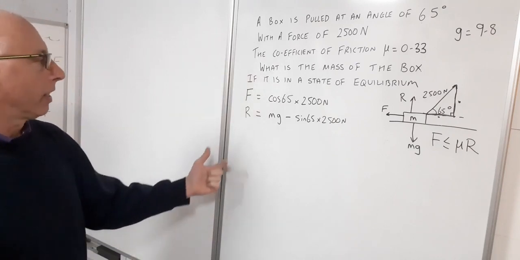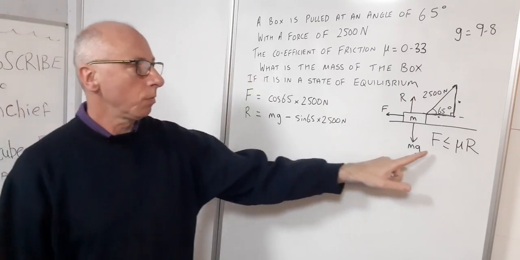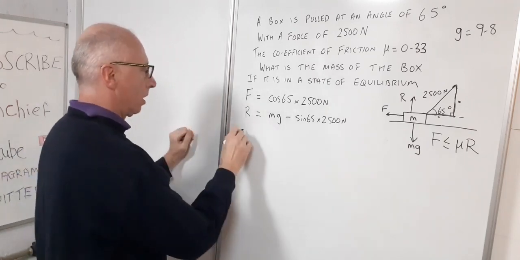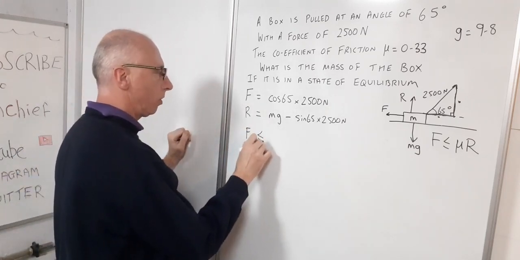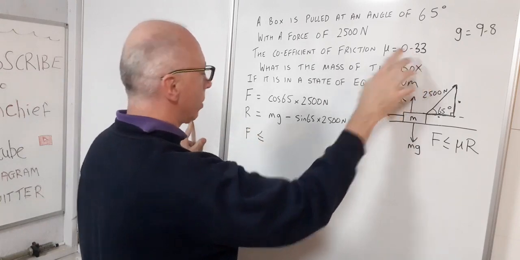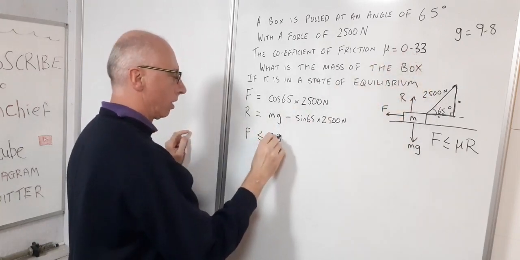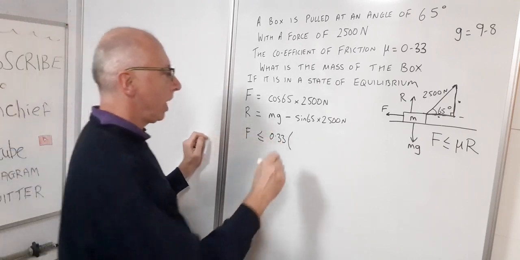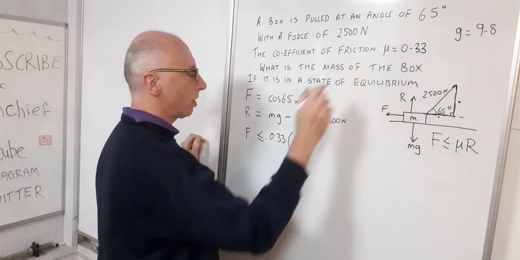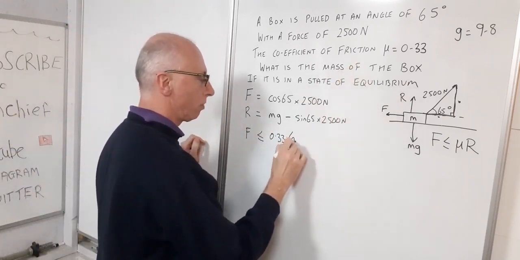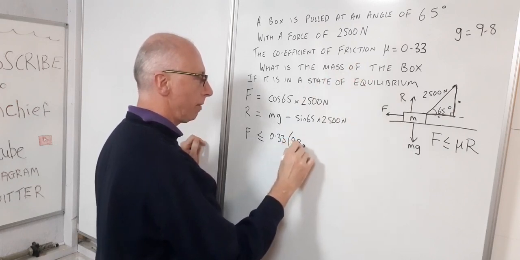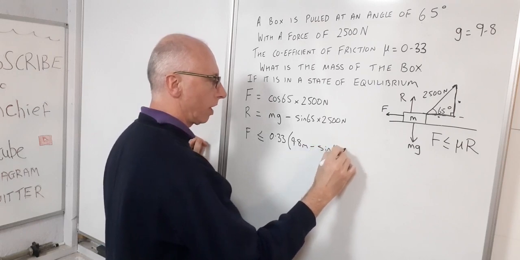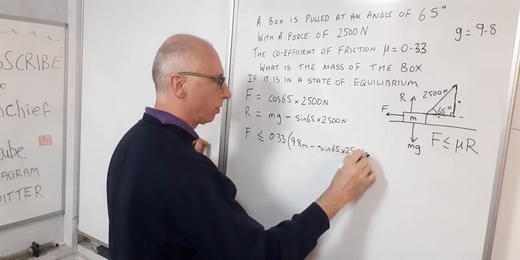Okay, right. Now let's have a look what we got here. We need F to be less than or equal to mu times R. So F will be less than or equal to, mu is 0.33, and then we'll multiply that by our force R, which is mg. Well, G is 9.8, so I'm going to put that in already. 9.8 m minus sine 65 times 2,500 newtons.